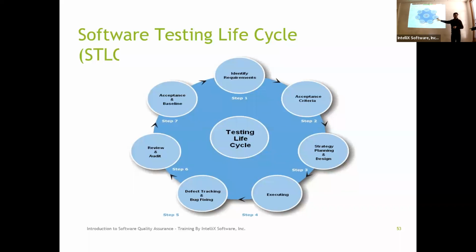Then you think about it: if I need to cook pasta, what all things do I need to do? I need to probably get all the ingredients listed out. I need to get the instructions for the cooking and everything. My requirement, acceptance criteria, figuring out how I'm going to do that. Once you have all that, you're going to execute.